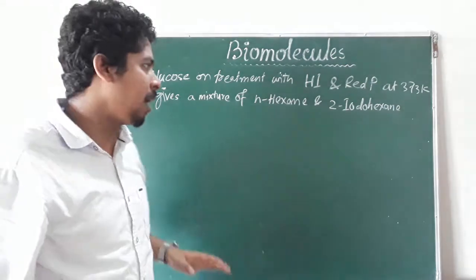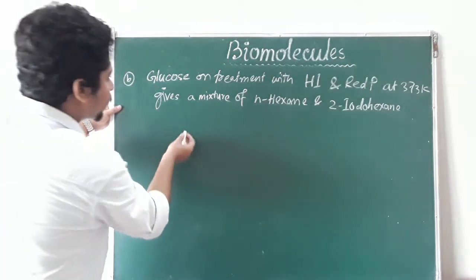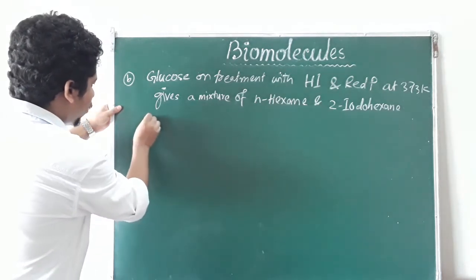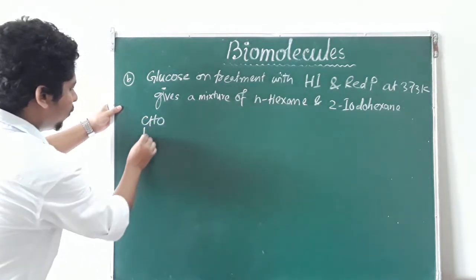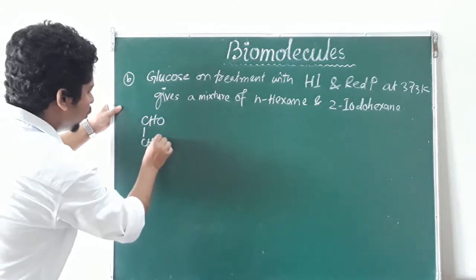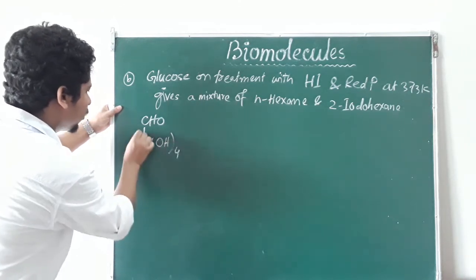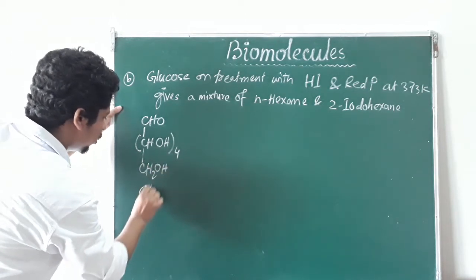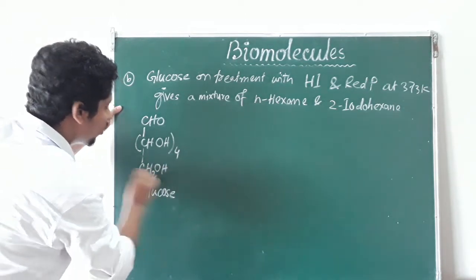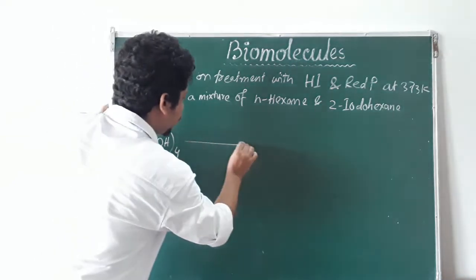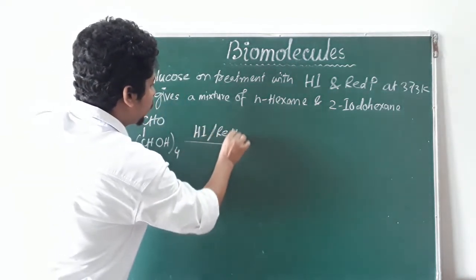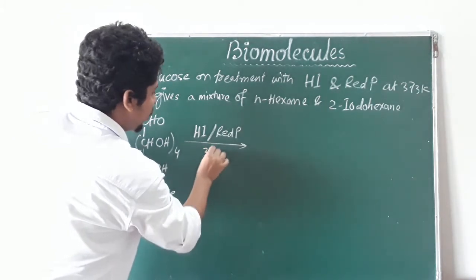Okay, so here I am writing the reaction. Here you see the structure of glucose, CHO bond, CHOH 4 times, and here we have CH2OH. This is glucose. This glucose upon reduction with hydrogen iodide and red phosphorus at 373 Kelvin.